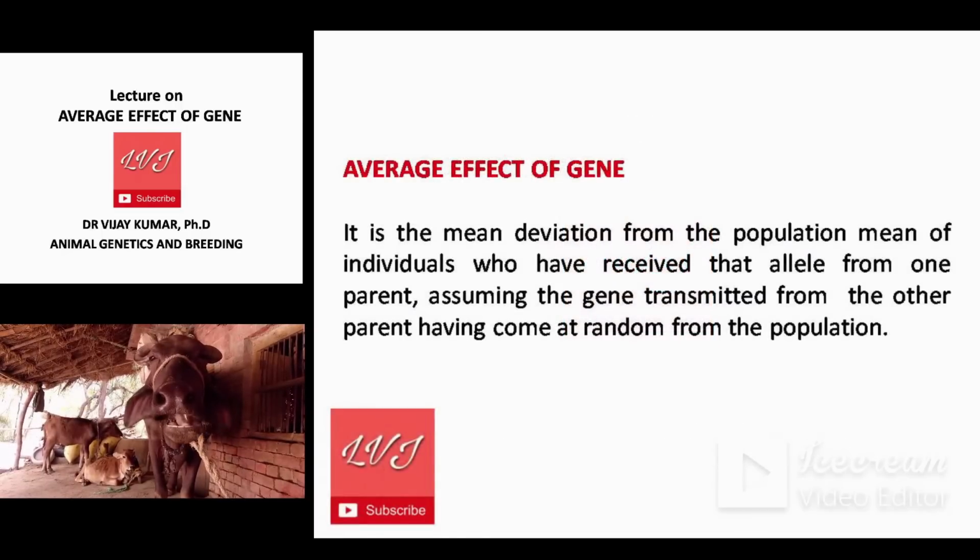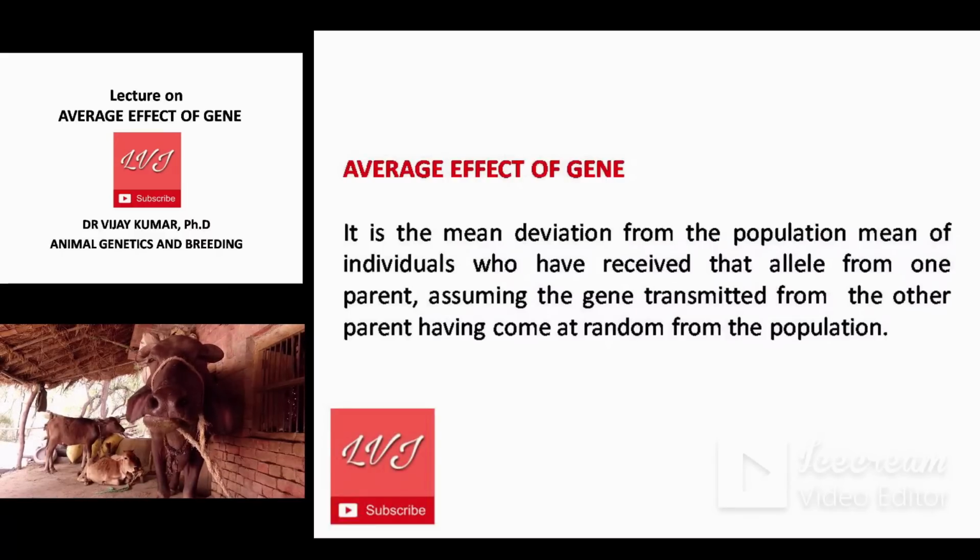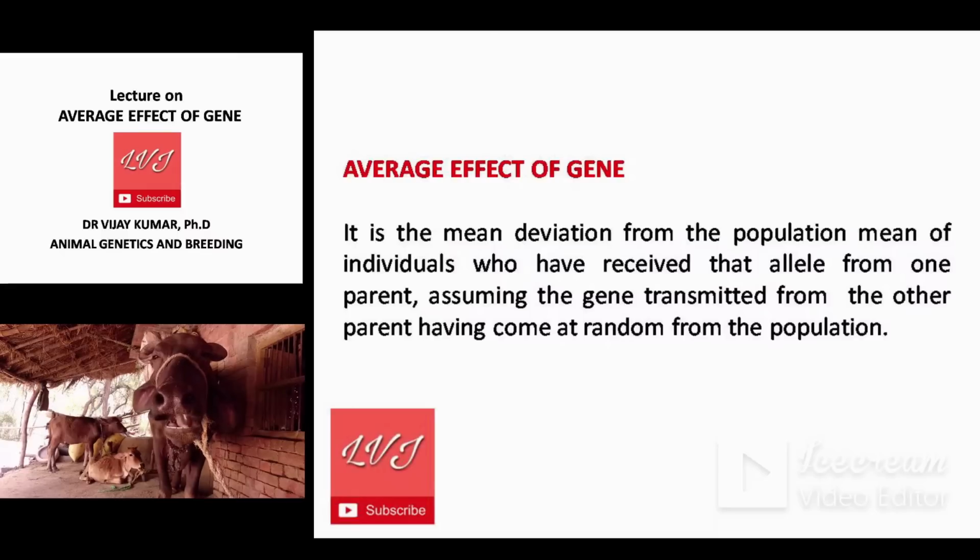So first, coming to the definition part of this topic, the most accepted definition for average effect of a gene is: it is the mean deviation from the population mean of individuals who have received that allele from one parent, assuming the gene transmitted from the other parent having come at random from the population.